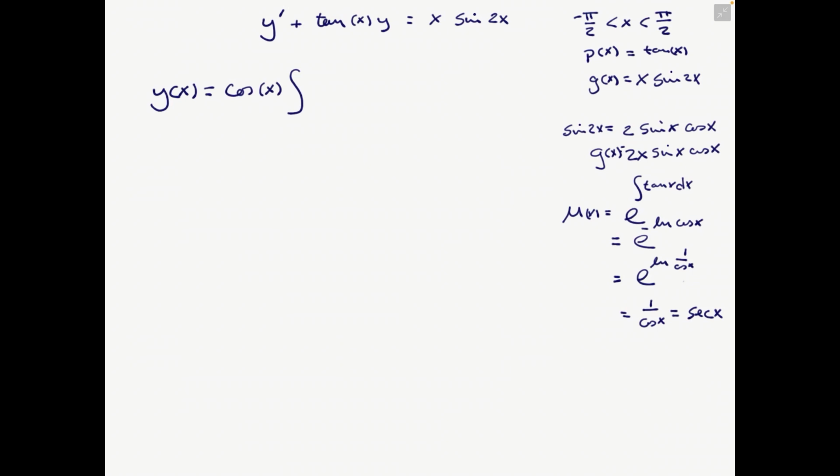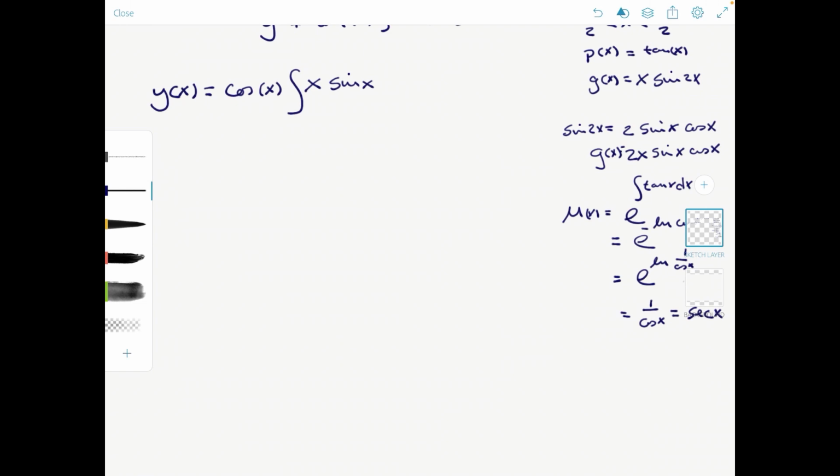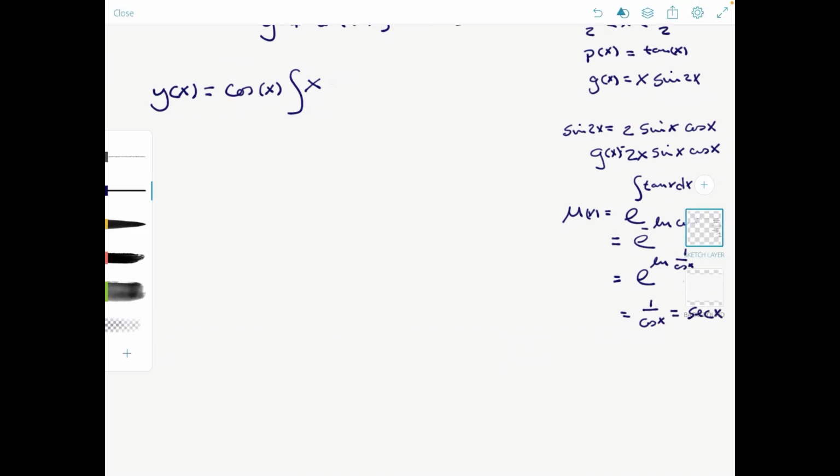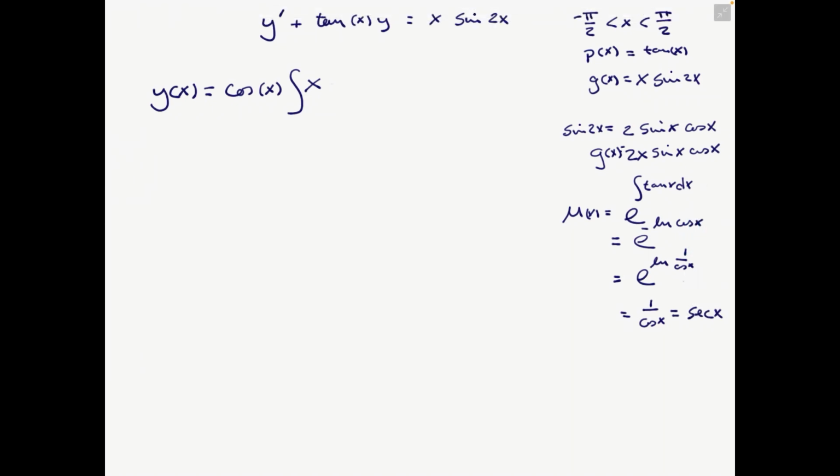Now here, mu of x, we've got cosine x. Okay, so we've got x sine x. Let's take this slowly. I don't want to make mistakes.